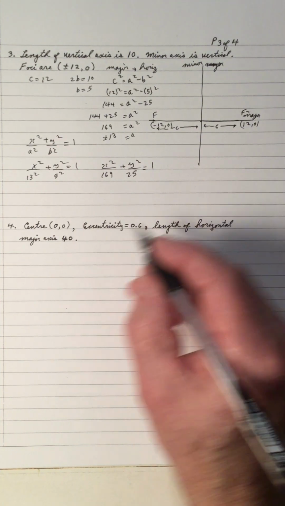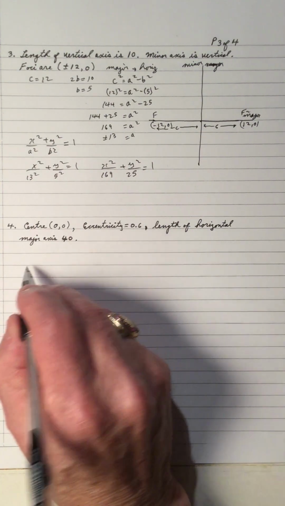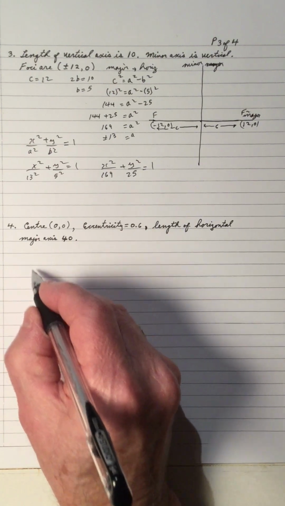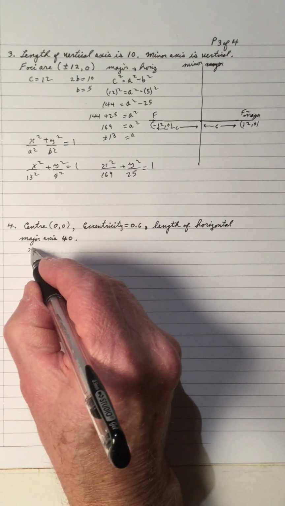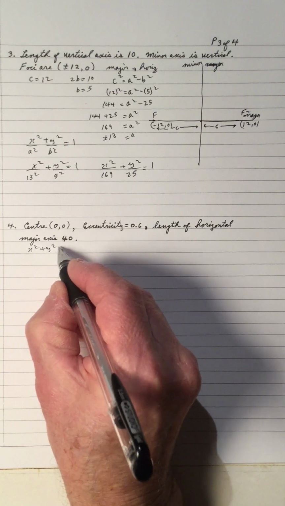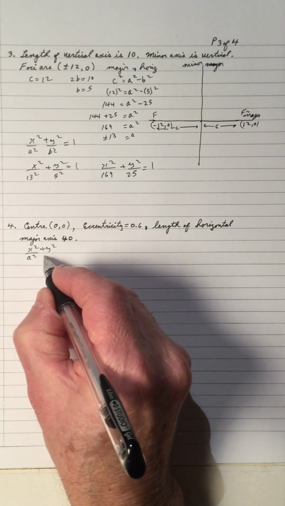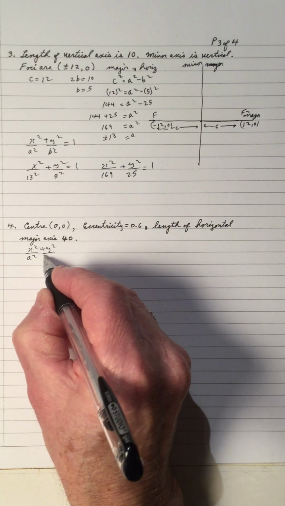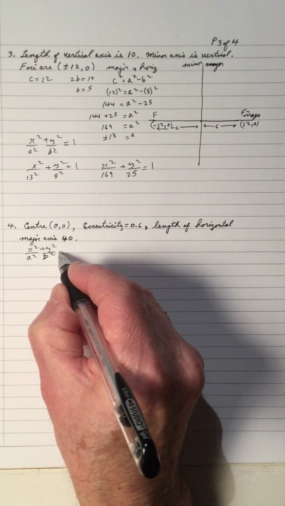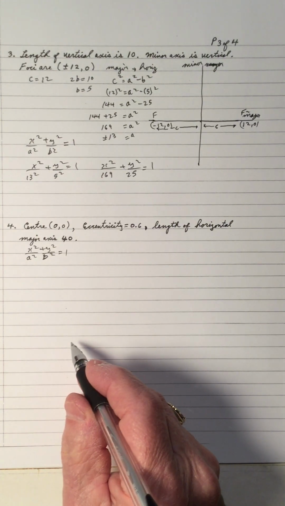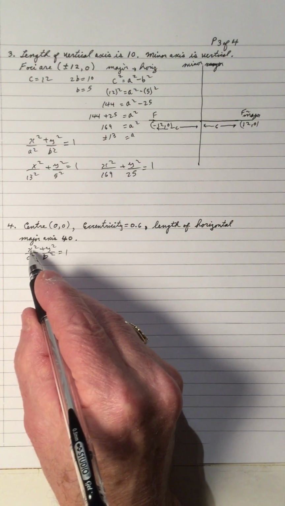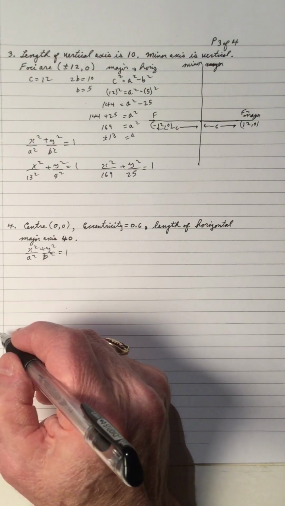Okay, number 4. The center is 0, 0. So that means that we have x squared over a squared plus y squared over b squared equals 1. So the center is 0, 0, so we just got an x squared and a y squared.